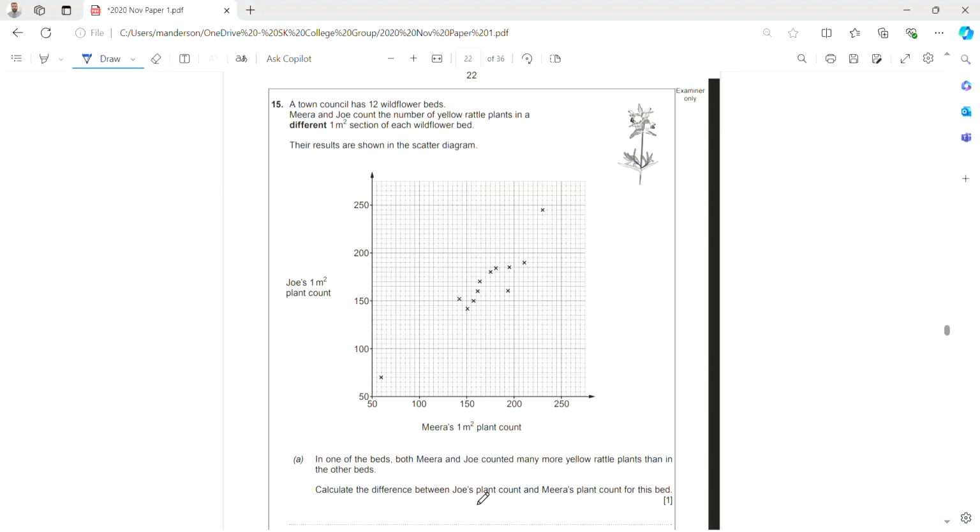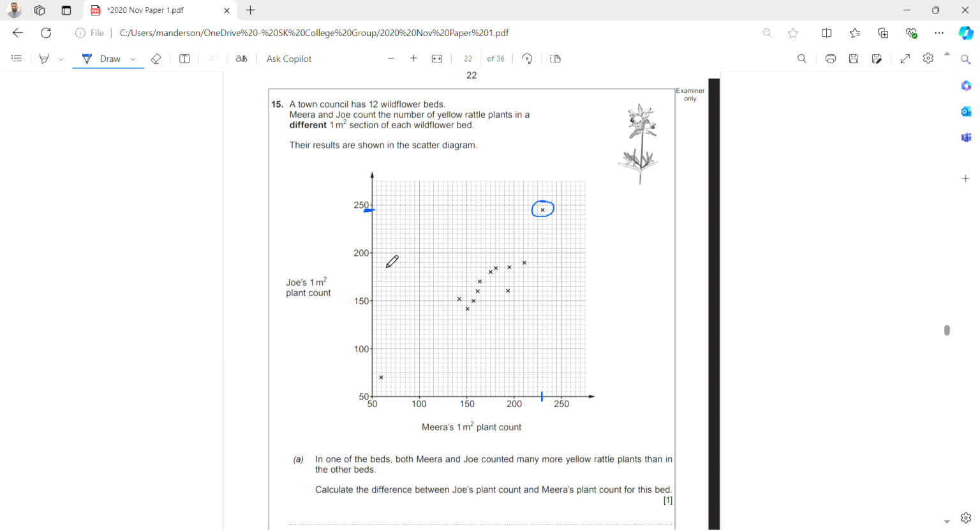Calculate the difference between Joe's plant count and Mira's plant count for this bed. Okay, so the one outlier, this one up here, Joe's count has it up there, just under the 250, and Mira's count is down here, between our 200 and our 250.